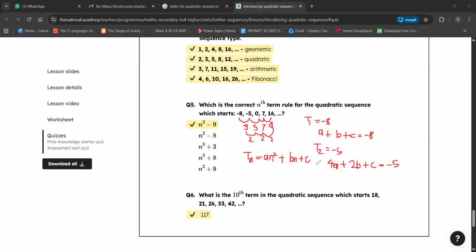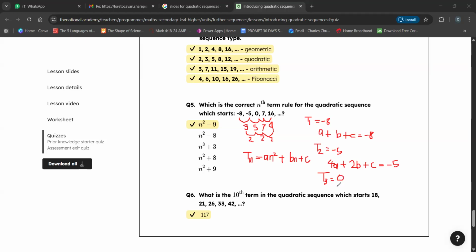Now, I'm having three unknowns, right? So that means I'll have to have three equations. So maybe I should do T3. T3 is equal to 0, right?